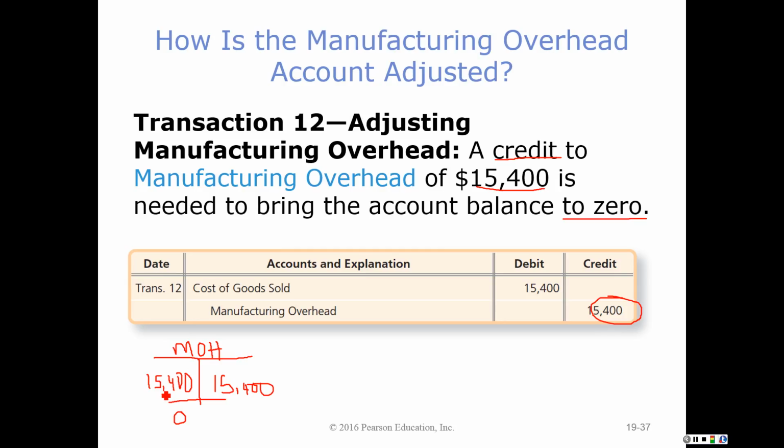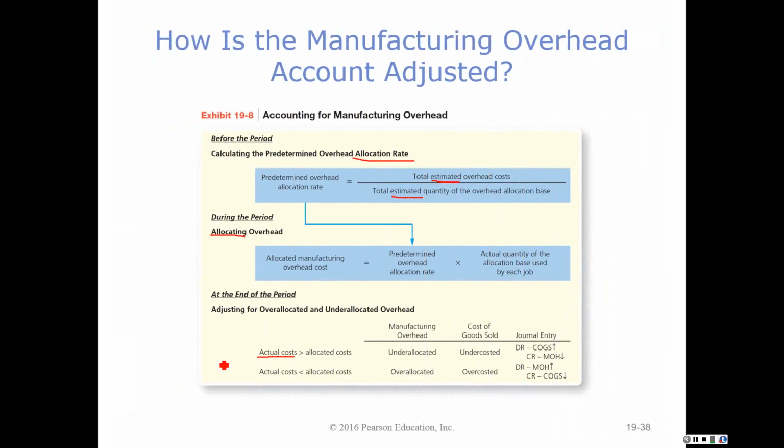That means these are costs I incurred that I did not move into the cost of finished goods. So I have underallocated my cost. And if I haven't moved enough into finished goods, then I haven't moved enough into cost of goods sold either.